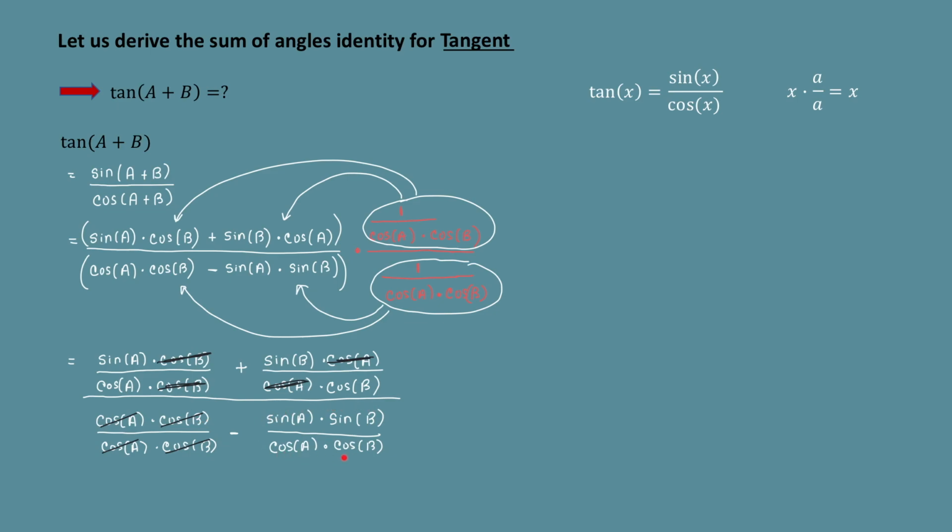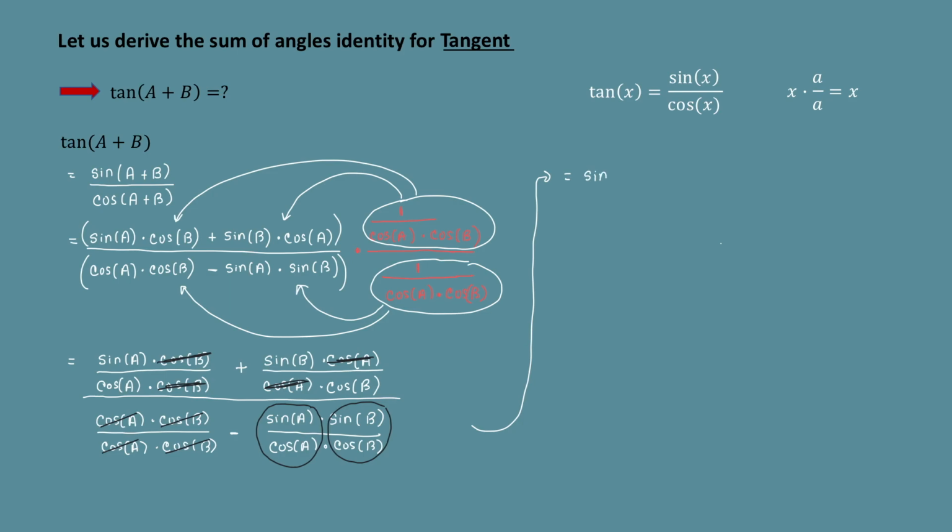And now here on this side, there are no common factors, so nothing will cancel. But I want you to notice that this expression here, sine A over cosine A, is tangent A. And sine B over cosine B is tangent B. Now I'm going to go ahead and rewrite the simplified version, the leftover.